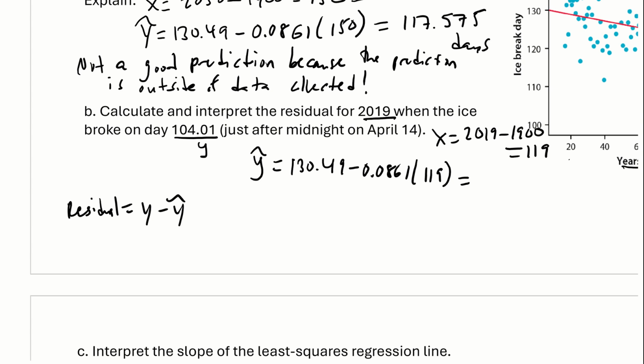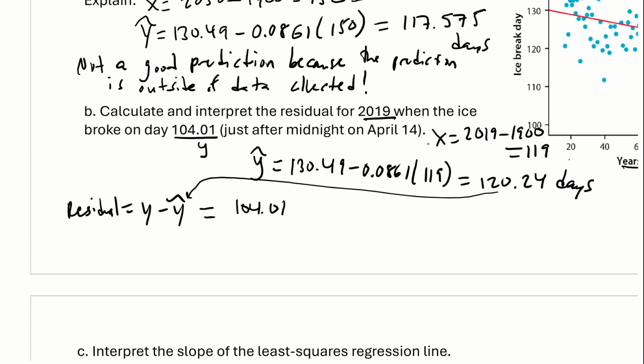And when we plug it into there, we get 120.24 days. Now we can plug that into y hat. So we get 104.01 minus 120.24, which is negative 16.23 days.